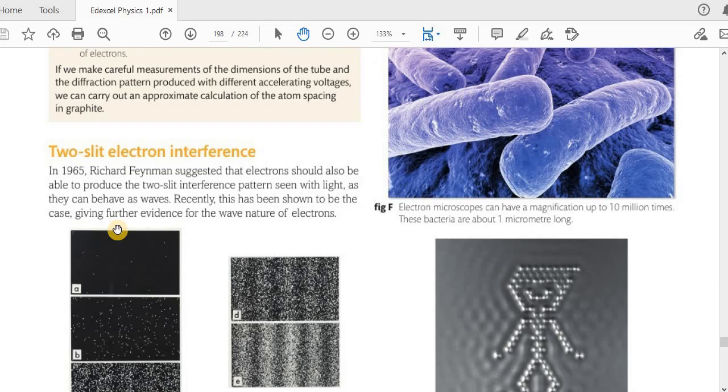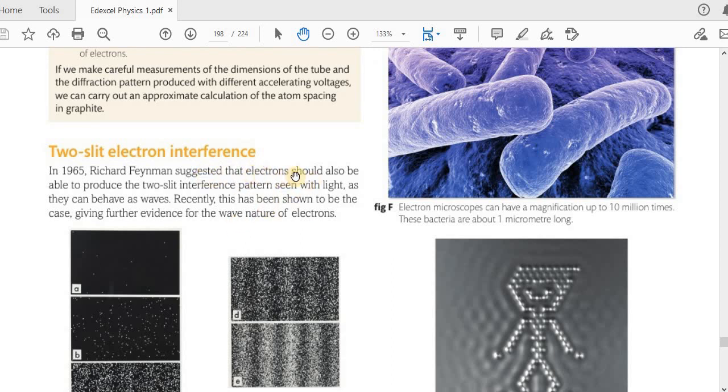So, if you remember the Young's double slit experiment, it is also called the 2-slit interference pattern experiment. And since electrons show wave properties, we can verify it further by doing this 2-slit interference pattern with electrons.